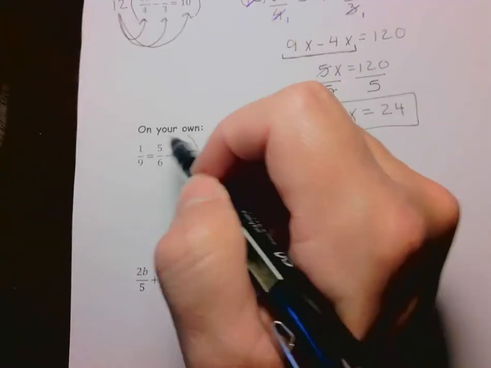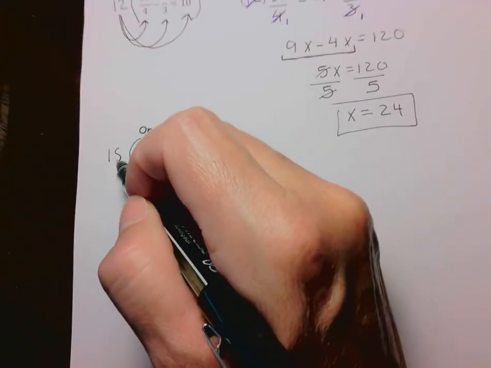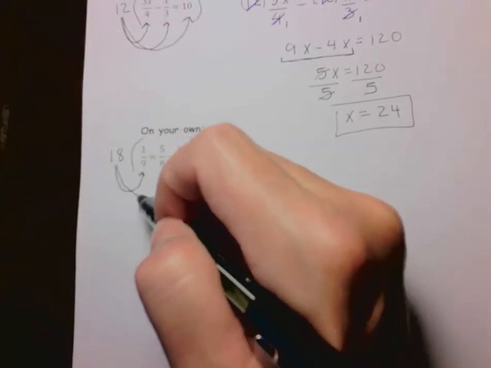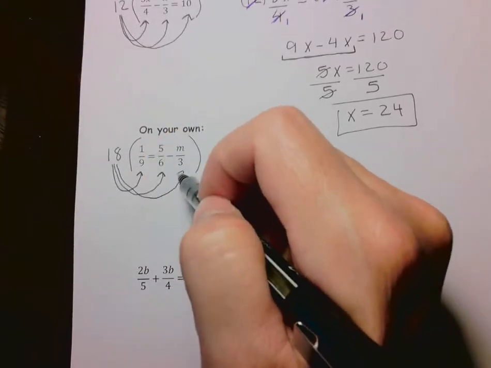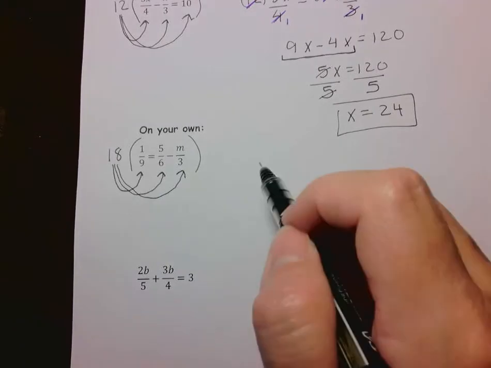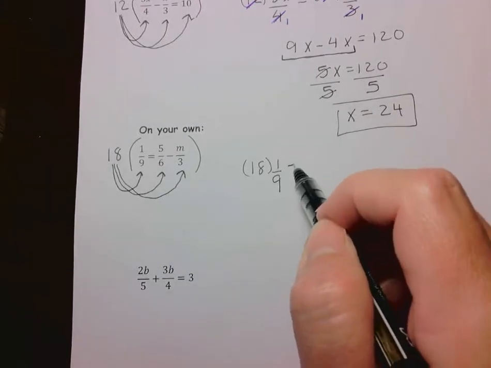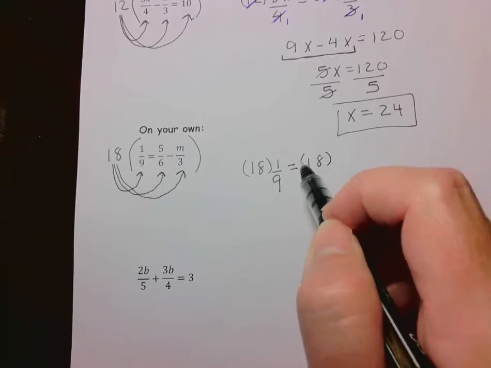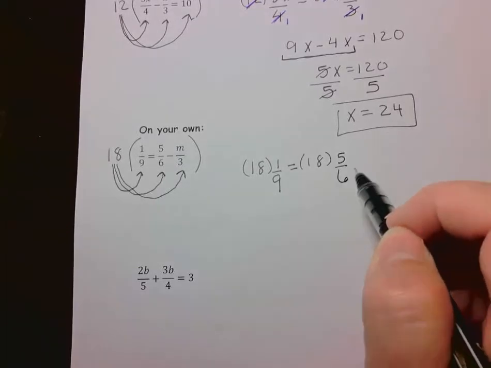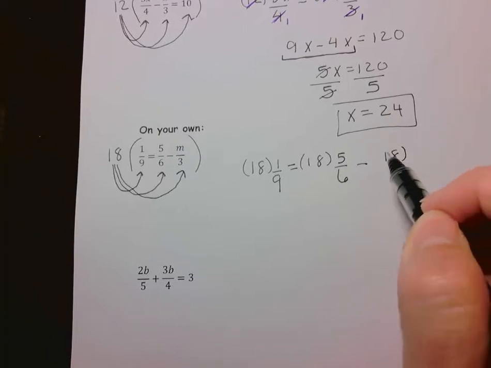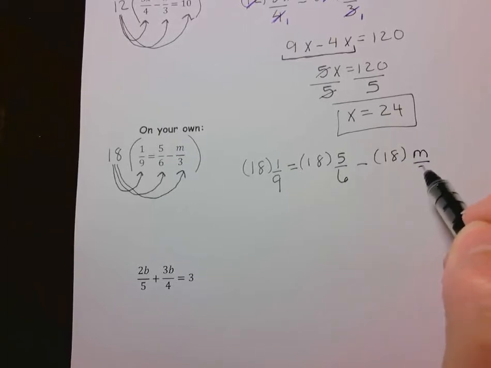So I am going to multiply each term by 18. That means I'm going to multiply this term by 18, and this term by 18, and this term by 18. And then I'm going to cross reduce.